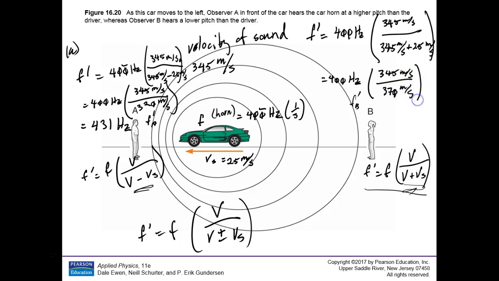Now maybe I didn't say this before, maybe I should have. Notice here the units, meters per second over meters per second, they cancel out. So you're left with hertz, so that's exactly what we had before. What do we have this time? Hertz, for sure, but what number?